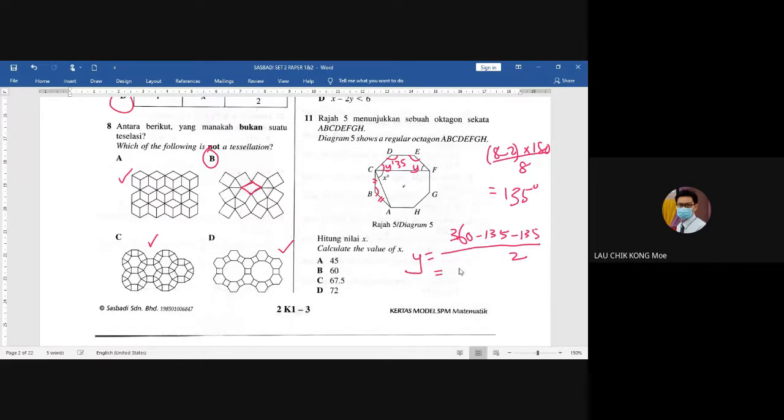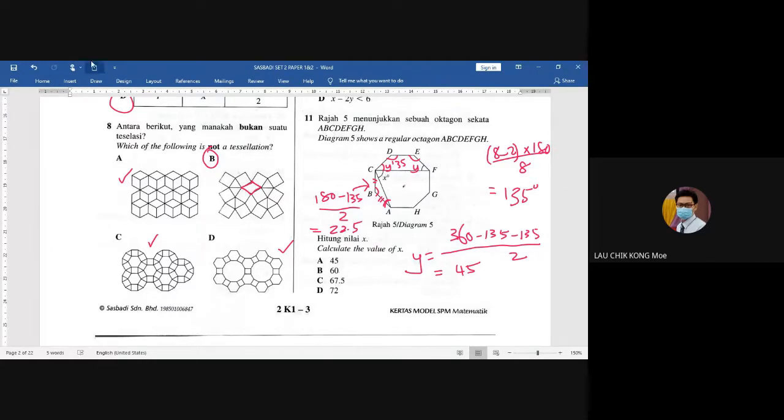That is 270 divided by 2, 45. And then for this part, on the side that is the same, 180 minus 135 divided by 2. So this is 22.5.